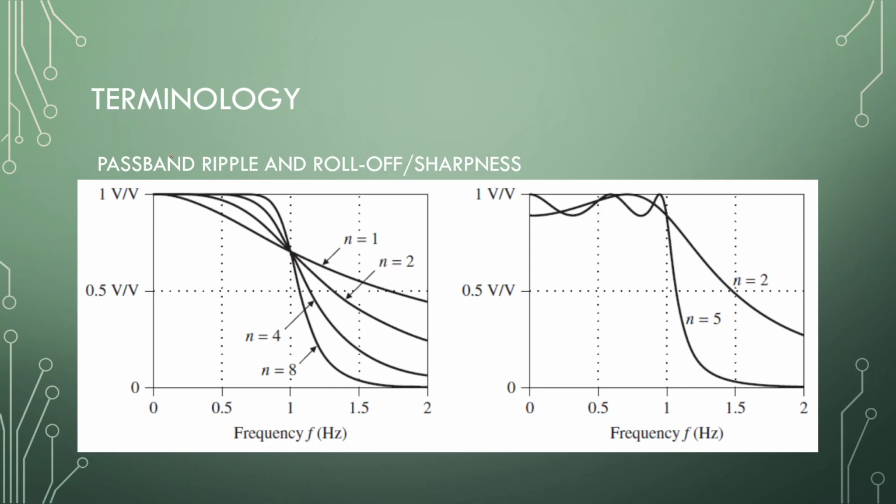So, passband ripple and roll off. The Chebyshev has these ripples, and it can cut off much sharper in the cutoff region before we get to the stopband. We will have more ripples the higher the order of the filter.